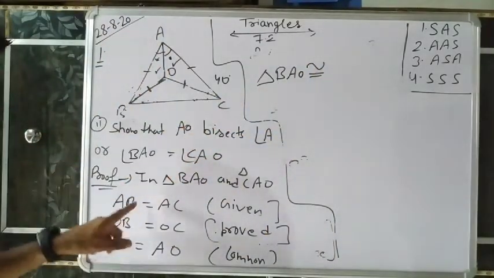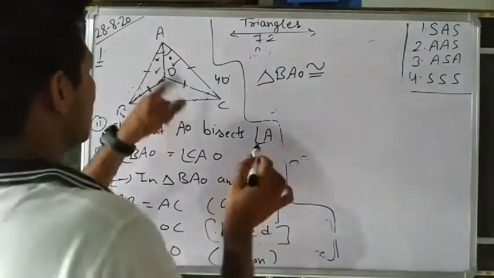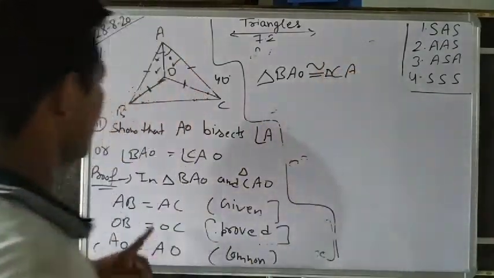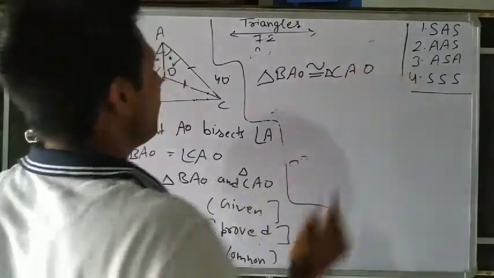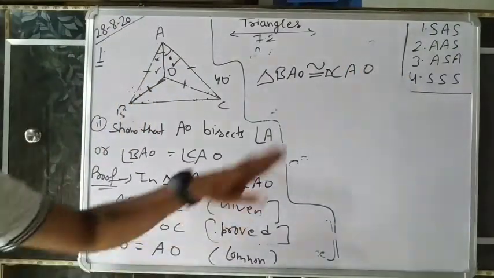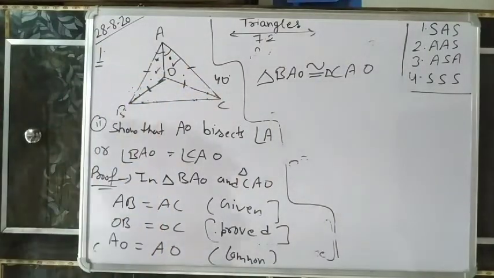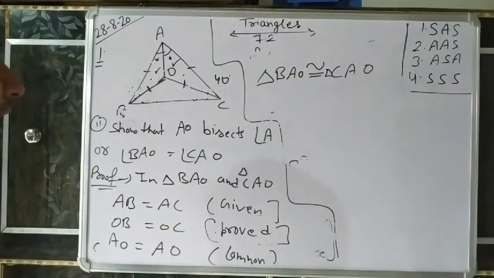Now BA equals CA, and next, the last is angle O. They are congruent. If two triangles are congruent, then corresponding parts are equal.